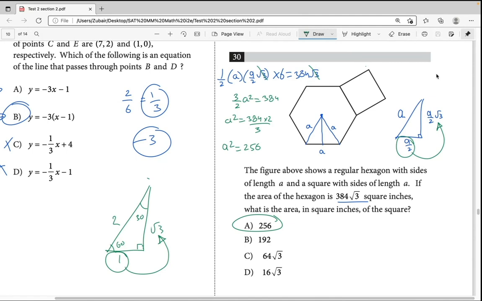I'm just trying to make a conclusion. So we can skip this stuff. Area of hexagon is given. Area of square is there. 384 square root 3 hexagon divided by 256. It's 2.5 times.